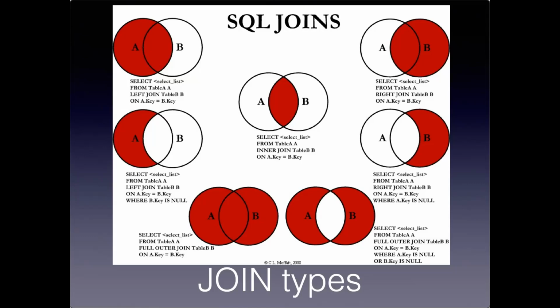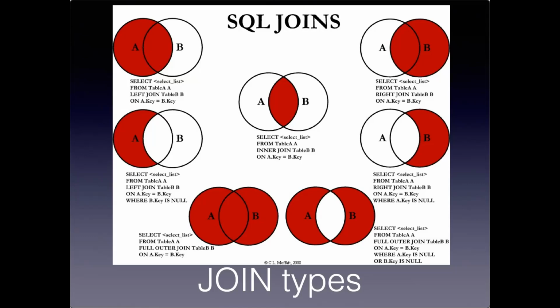If you want to get only the information that is contained in both tables, you use an inner join, which is the center of our diagram here, that center example. That's the most common type of join and the most useful type of join. I would say most of the time that is what you want.